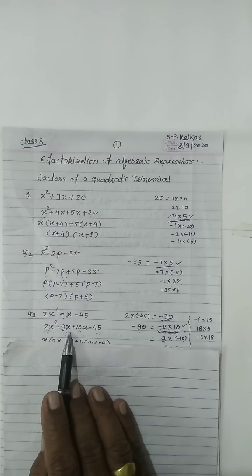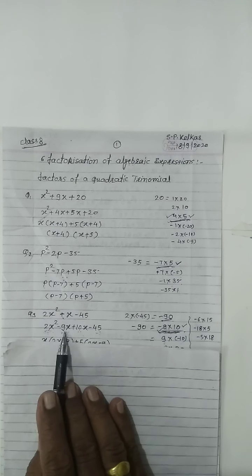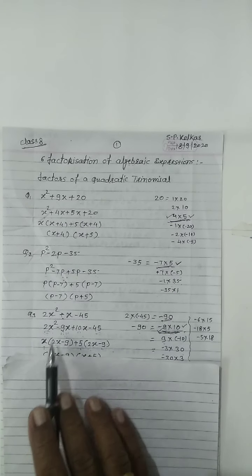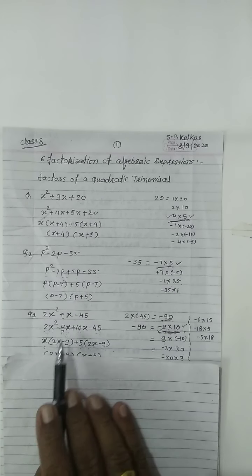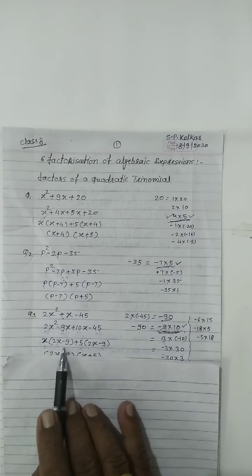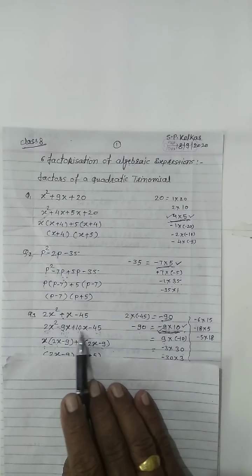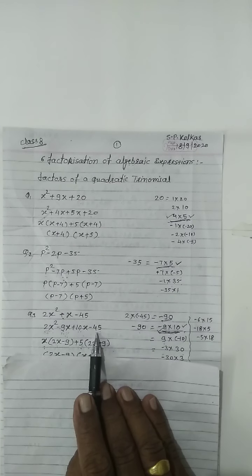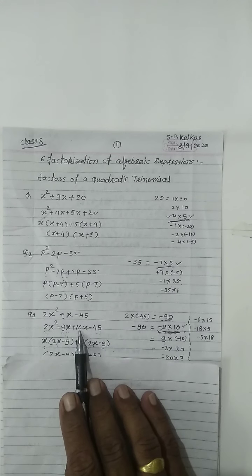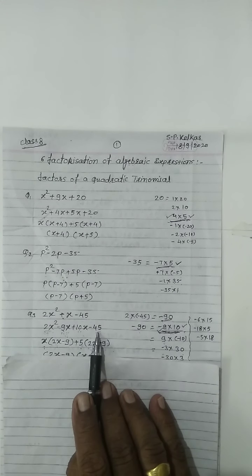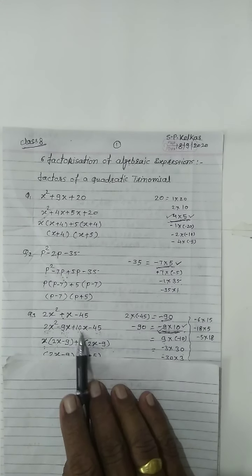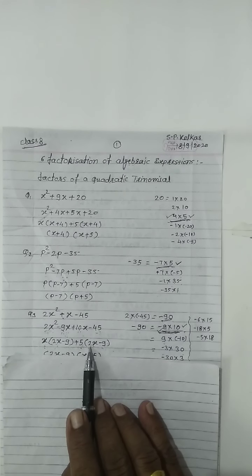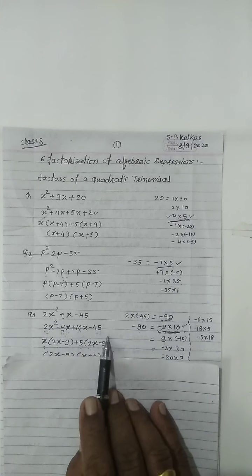Then take common from these two. We take x common here, x into in bracket 2x minus 9 bracket close, plus from these two we take common, from this 10 we take 5 common, from this 45 also we take 5 common, then plus 5 into in bracket 2x minus 9.